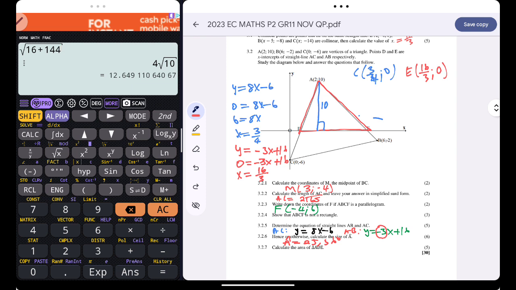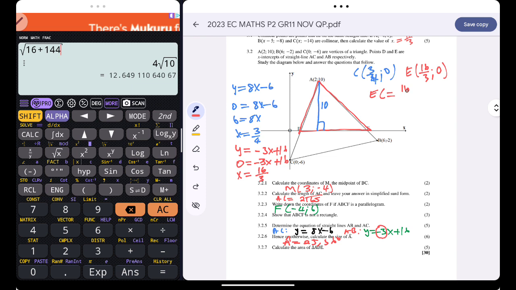So for me to find the length of EC, I just need to subtract the x values. Since these are on the same horizontal line, I don't need to worry about y values.